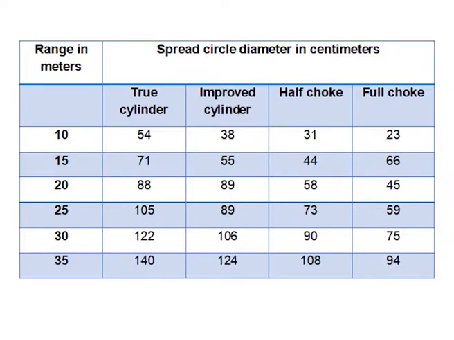For 35 meters of range, the spread circle diameter would be 140 centimeters for a true cylinder, 124 centimeters for improved cylinder, 108 centimeters for half choke, while 94 centimeters for full choke.